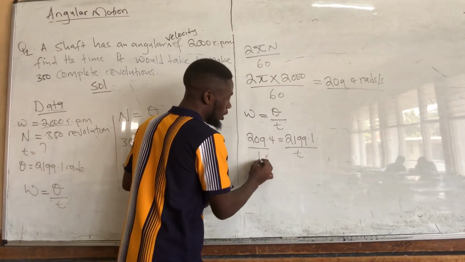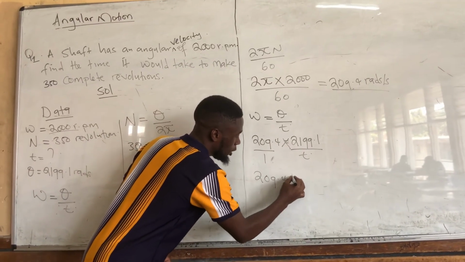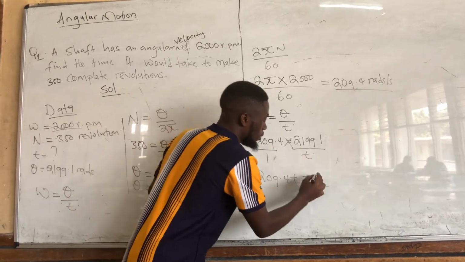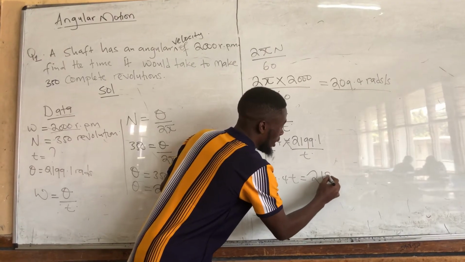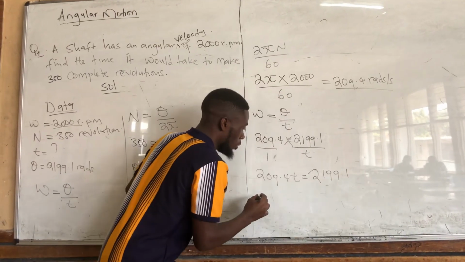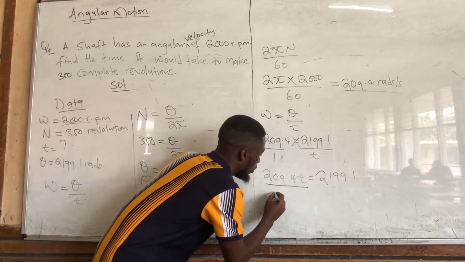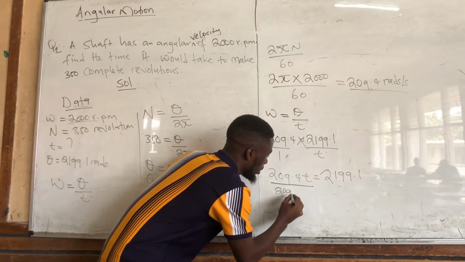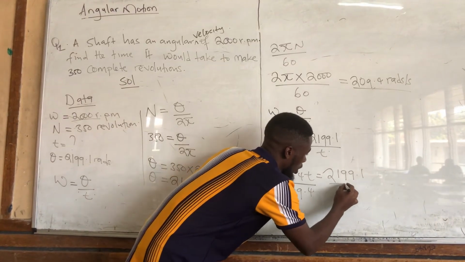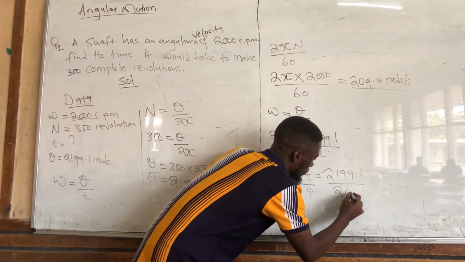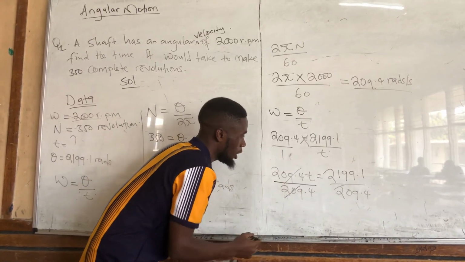So from here you can cross multiply. So it will be 209.4 t being equal to 2199.1. We want to remain with t here. What do we do? We divide both sides by 209.4, so 209.4 over 209.4 will cancel here.